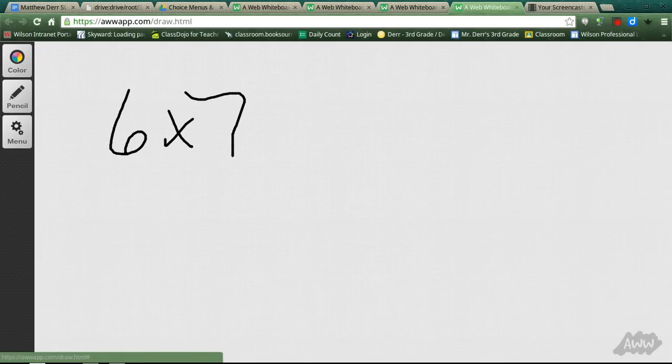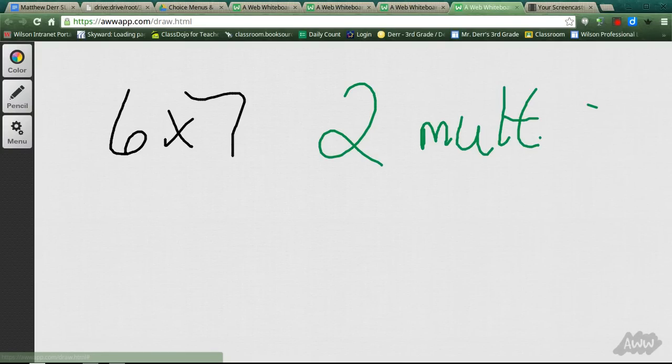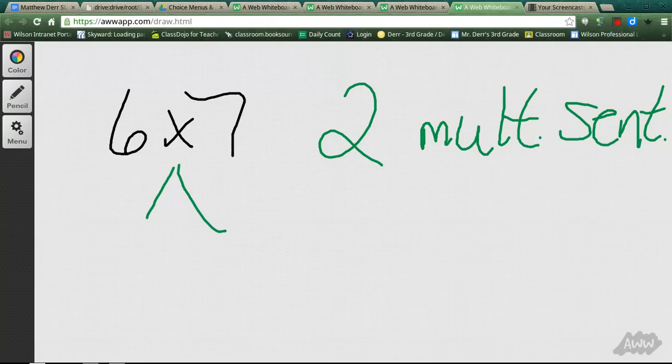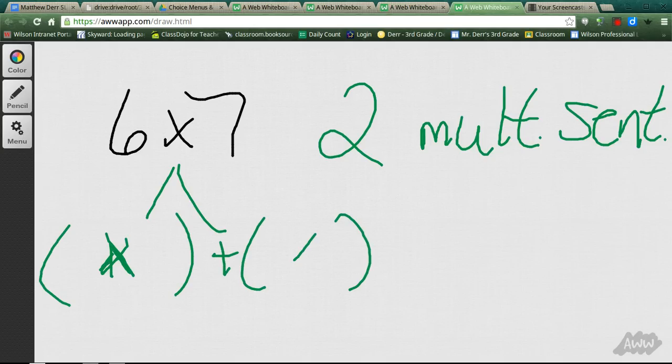Make your array, be prepared to explain it, but what I need to know is the two multiplication sentences that you are going to use to break apart 6 times 7. So there you go. You can just fill that in and be prepared to share that and go over it in class. Make sure that you give that final product as well.